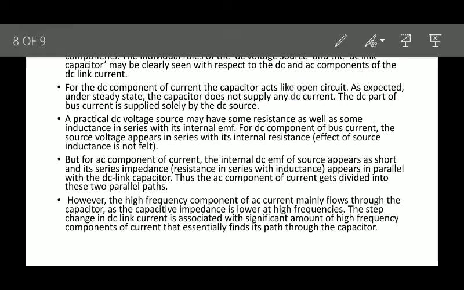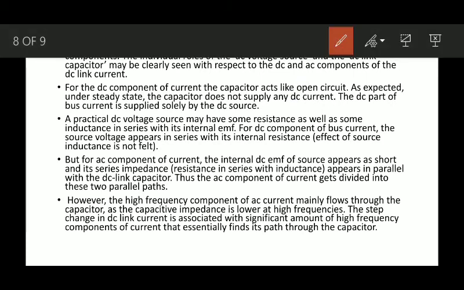You can see that for the DC component, the capacitor acts like an open circuit, and in steady state the capacitor doesn't supply any DC current. The DC part of the current is supplied solely by the DC source.